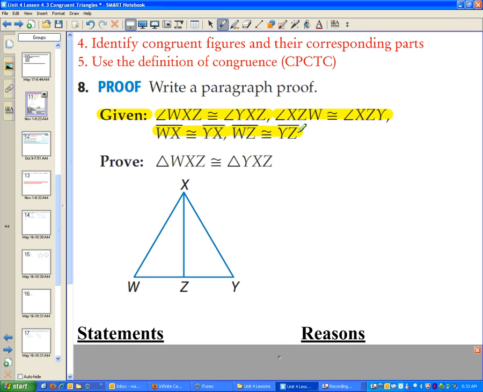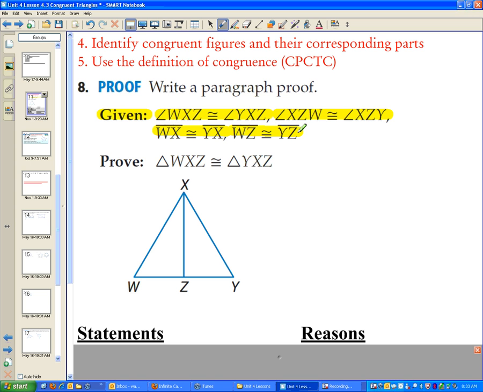Now, they've given us 4 statements. They've given us 2 pairs of congruent angles and 2 pairs of congruent sides. Those are facts, okay? And we're going to put them in our proof. And our reason is going to be given. All right, so things that you're given, they're true. You don't have to wonder if they're true. They're true, okay? Now, so the given's important.